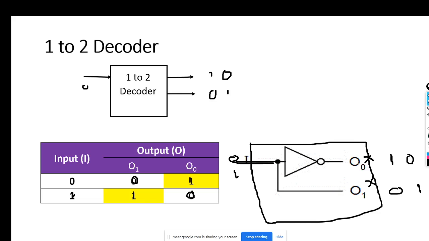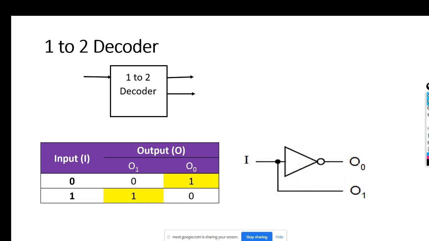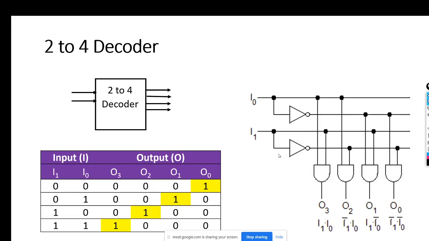Similarly, we can expand the same idea to a 2 to 4 decoder. It's a very simple circuit. You need two NOT gates and four AND gates. Each combination is fed to an AND gate.